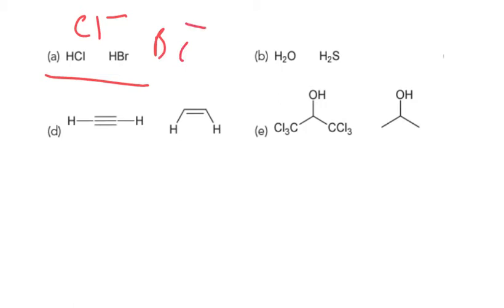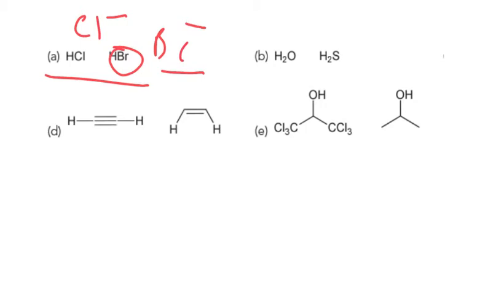So now it's a question of size versus electronegativity. Chlorine is more electronegative, but bromine is larger. So that means the conjugate base is more stable. And because of that, HBr should be more acidic than HCl. And any of these you can verify by Googling the pKa of the specific acid.